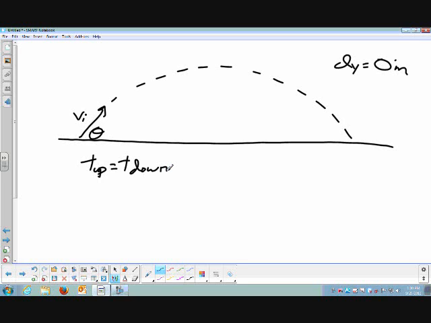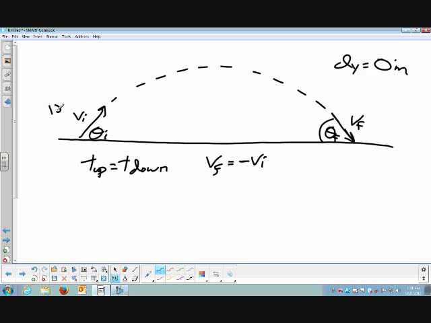We throw the ball, we kick it off at some velocity and some initial angle, and it's going to hit the ground at some final velocity and some final angle, we'll say. The final overall velocity is going to be the negative of the initial overall velocity.